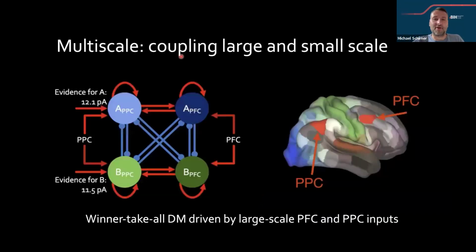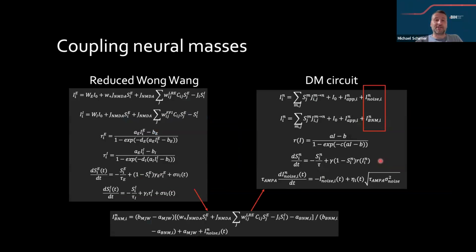As you have seen, we have now implanted populations A and B in posterior parietal cortex and in prefrontal cortex, so there are two sets of these populations, and they are also connected to the large-scale network. Instead of noise, which was the usual driver for the decision-making circuit, we now have the large-scale brain network input as the driver.